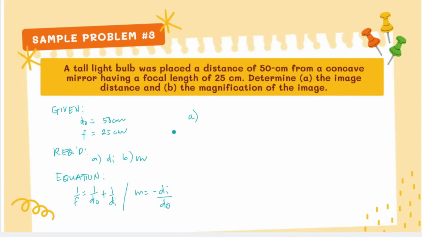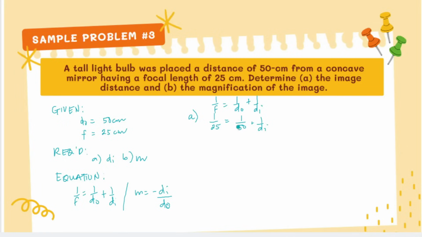This time, kanina nag-derive tayo ng equation. This time, isa-substitute natin para makita nyo yung ibang way ng pagsosolve. So, F is 25 centimeters. Sulat natin yung equation sa taas. Is equal to 1 over do, 50, plus 1 over di.